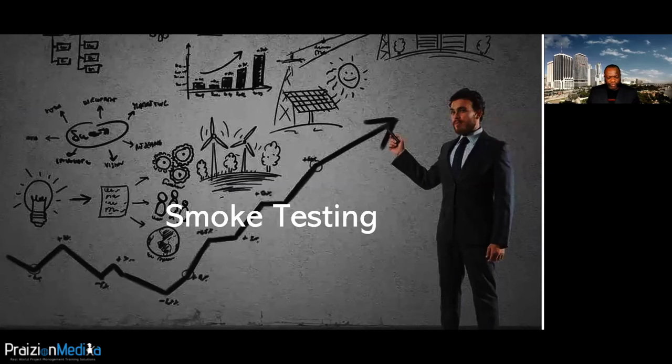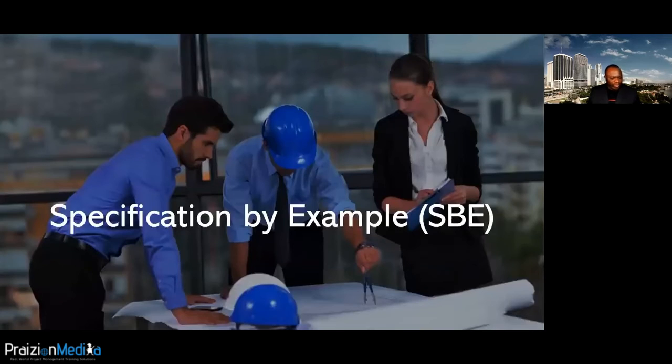And it consists of a minimal set of tests run on each build to test software functionalities. The PMI call this a set of lightweight tests to ensure that the most important functions of the system under development work as intended. You get the picture.